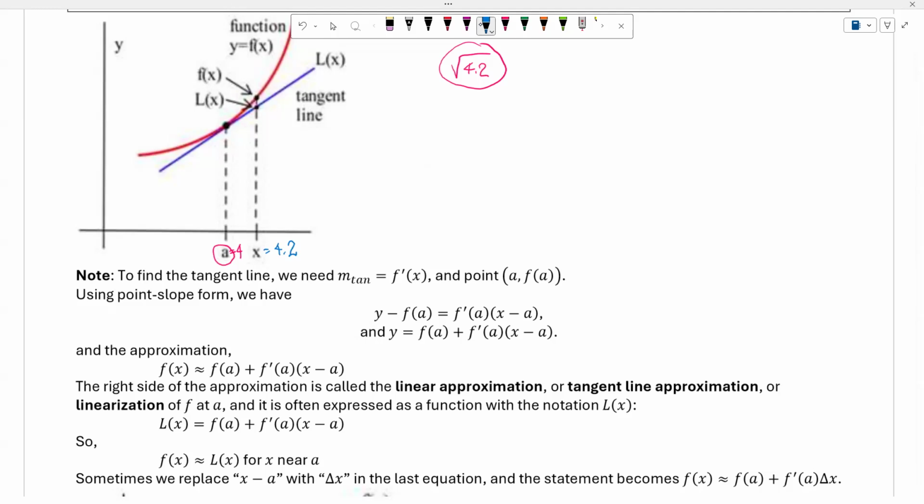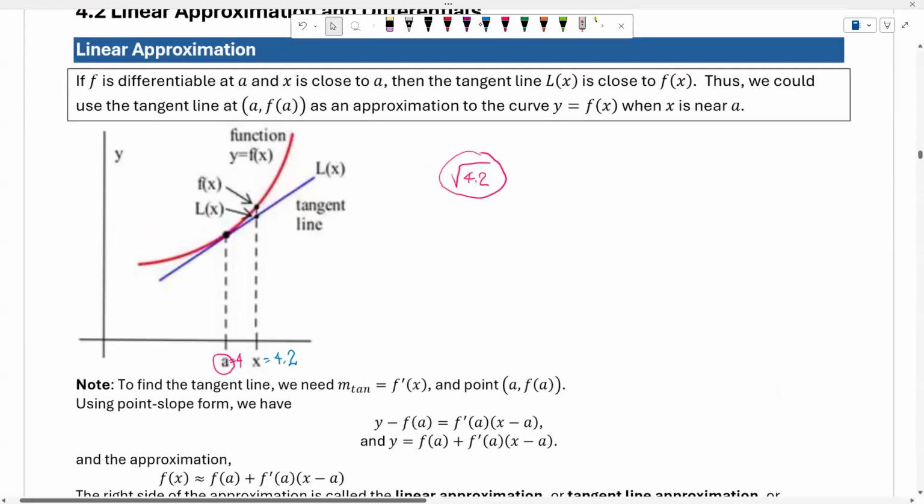And of course, in this case, what is the function f? We could consider that f is the square root of x, because we would like to work with the square root of 4.2. Then the tangent line L of x is close to f of x.